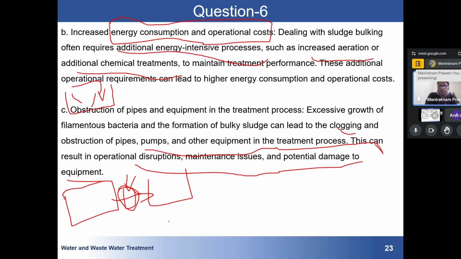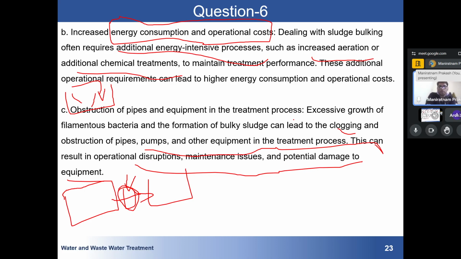Now imagine that along with organic matter, some other thing is also getting produced. Obviously, that will result in clogging of my pipe. So this will be an external expenditure that I have to make to clean that pipe.